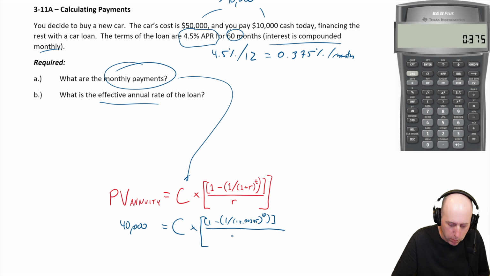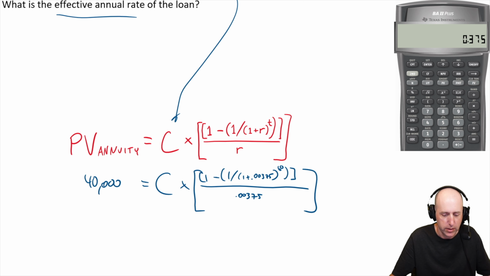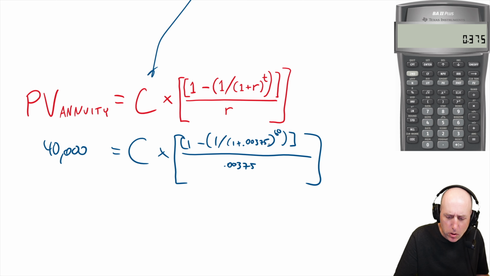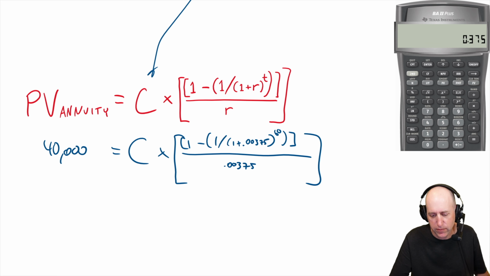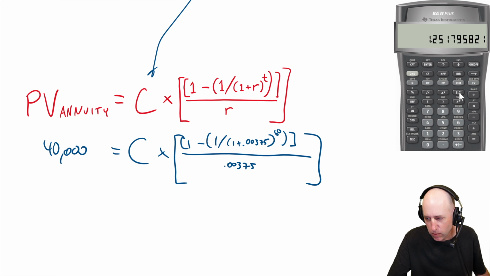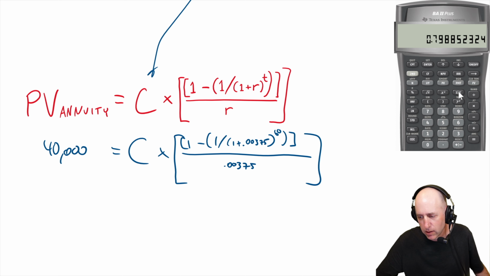all divided by 0.00375. Let me zoom in on this. I think I'm getting a little far away. Okay. So we start with what's in the brackets inside, 1.00375 to the power of 60, which is 1.25. Now I go 1 divided by that number, so I just go 1 over x in my calculator.